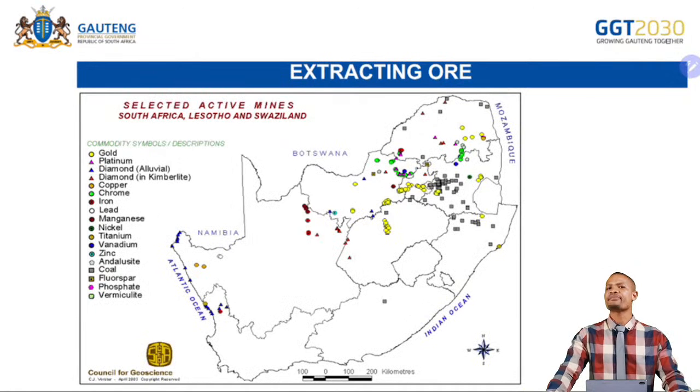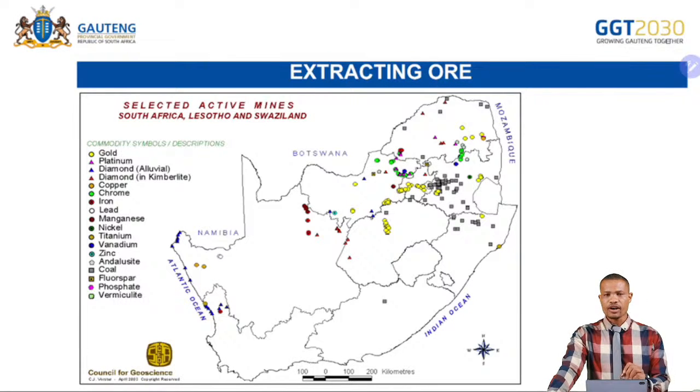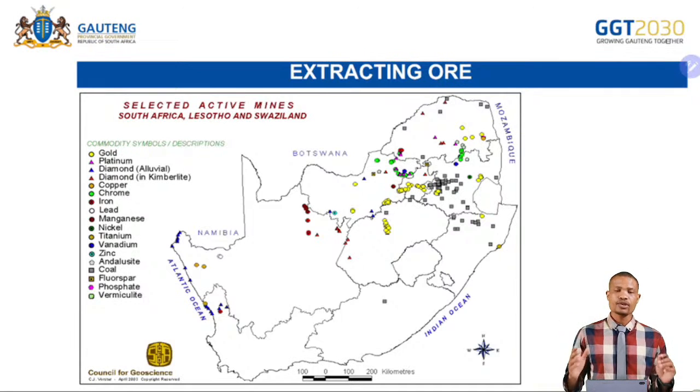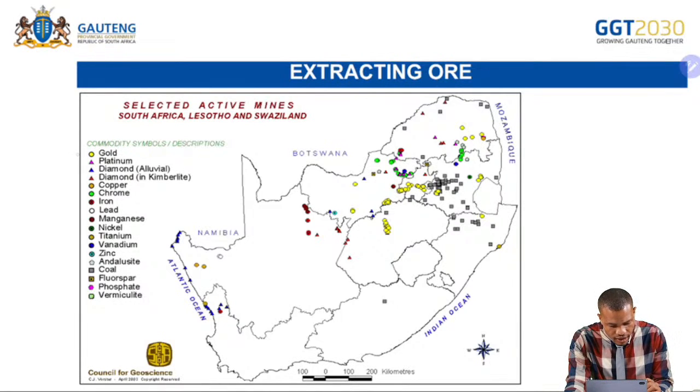Now let's look at this map. This is a map that shows mining in South Africa. When you look at this map, you have yellow dots and pink ones of different shapes. Pay attention, because we are going to use this to do an activity. The yellow dot is gold.